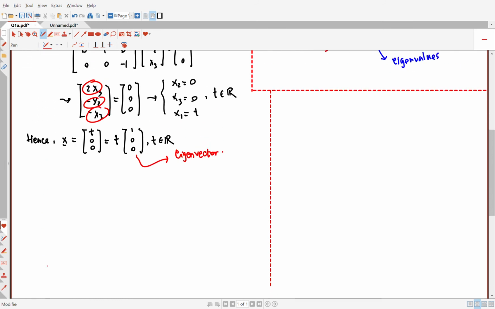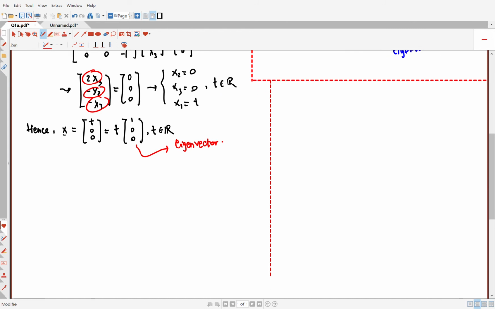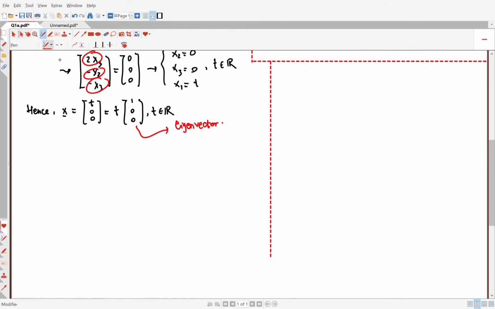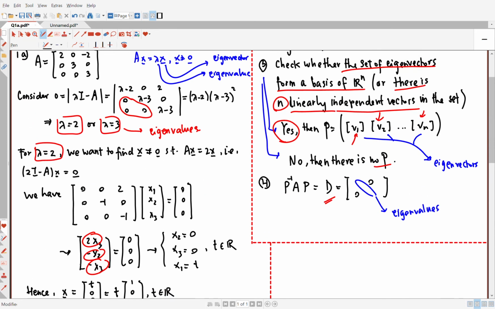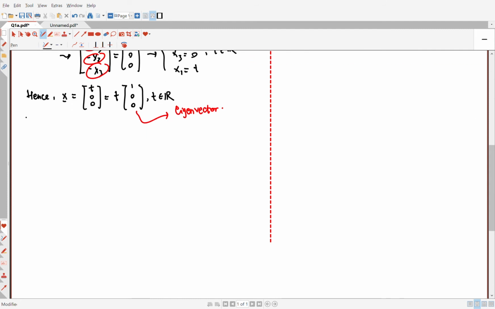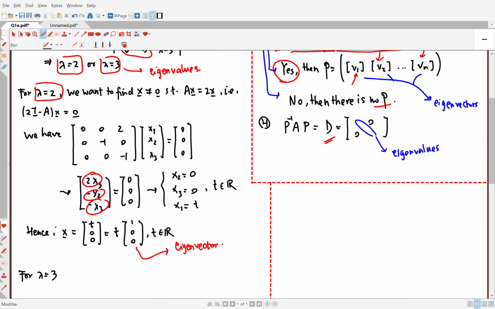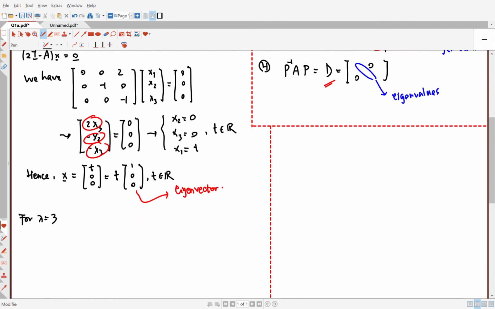Good. Next, for lambda equal to 3, same thing. We want to find x that is not 0, such that (3I minus A)x is equal to 0.